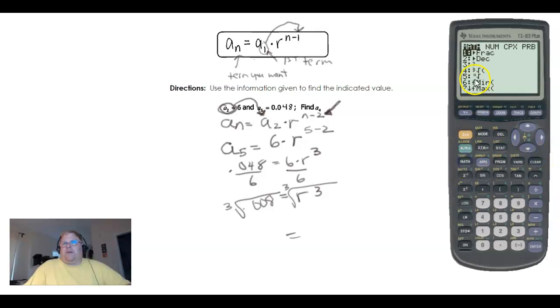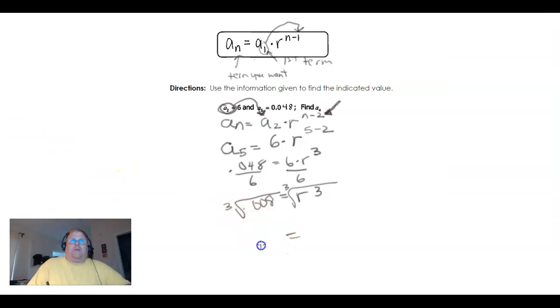Hit the math key, and number 4 here is the one you want. And then just type in 0.008. 0.2. Okay, so 0.2 is r. We now have what we need to figure out what A4 is.